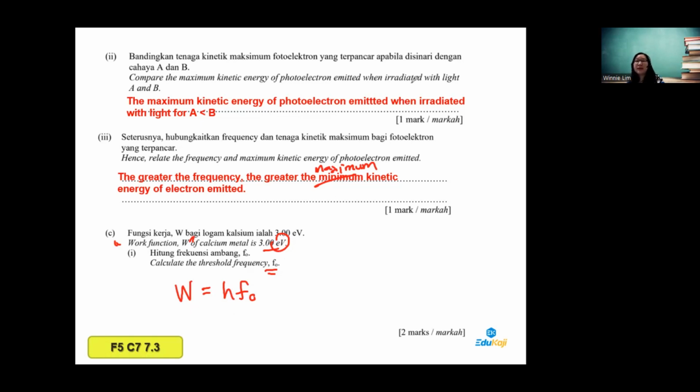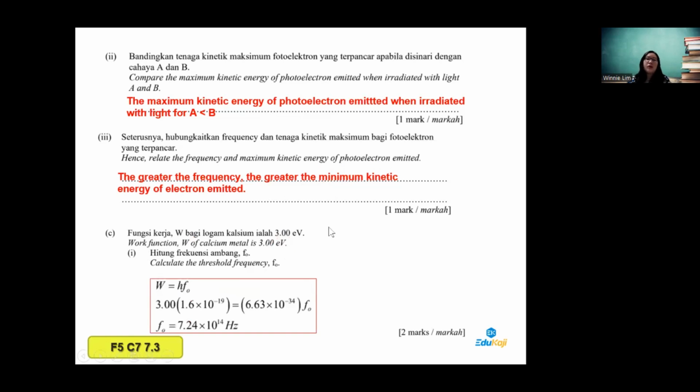So W equals h f0, and you have to change this eV to joule first. Basically, 1 electron volt is equivalent to 1.6 times 10 power negative 19 joule. They're supposed to have this in the formula list.